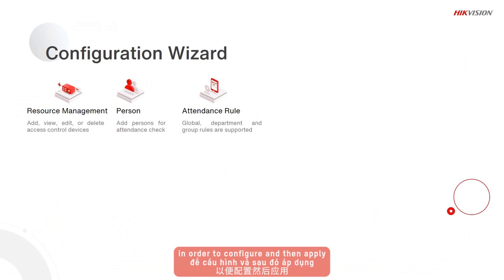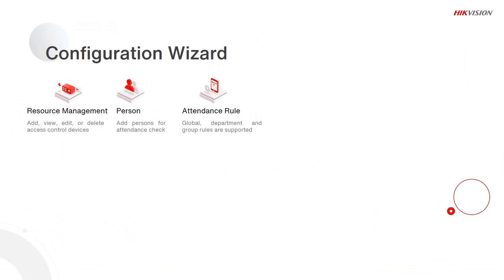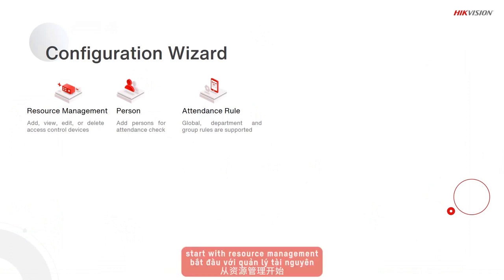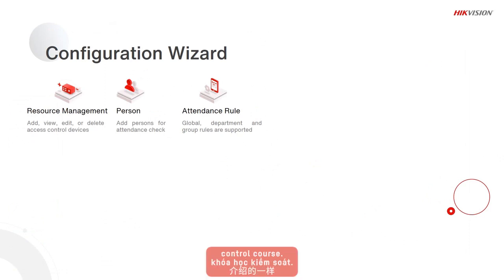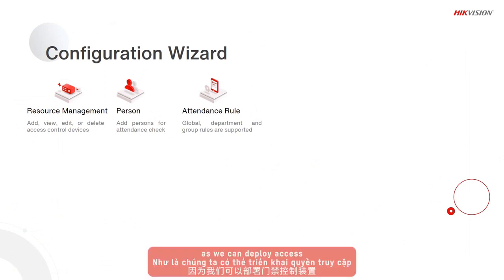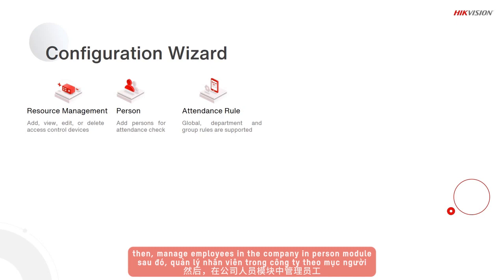In order to configure and then apply time and attendance, we need to follow the steps in this wizard. Start with resource management, which is the same as we introduced in the access control course, as we can deploy access control devices for time and attendance management directly. Then, manage the employees in the company in the Person module.